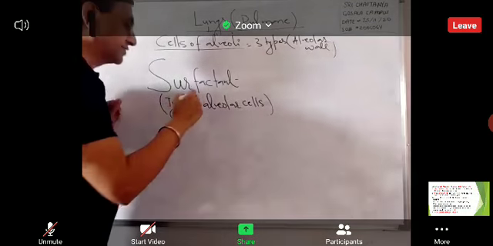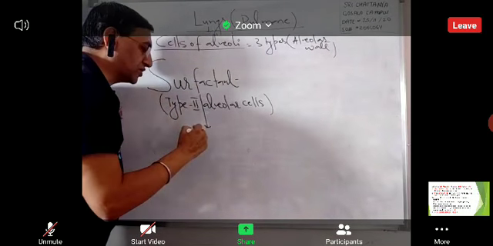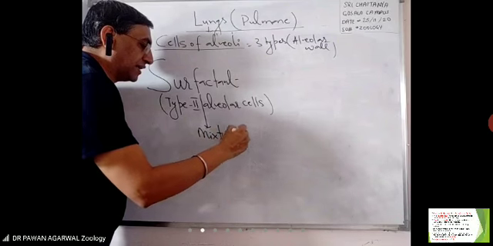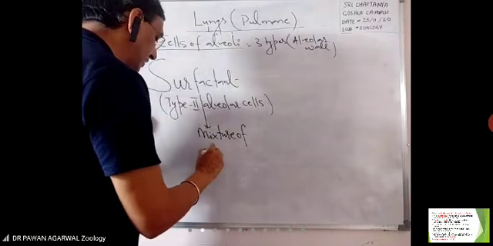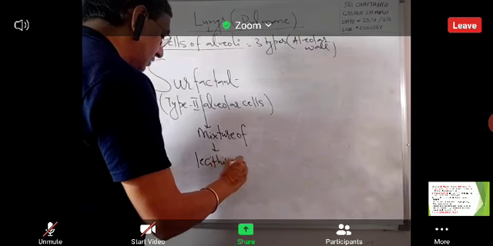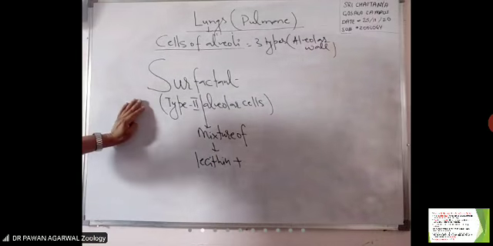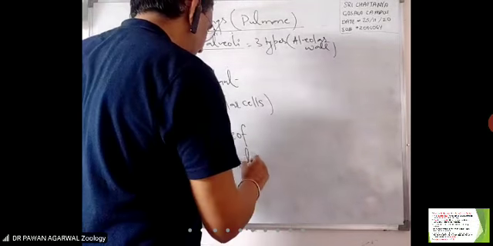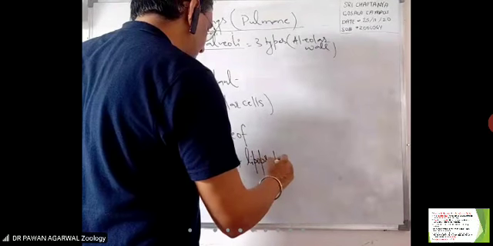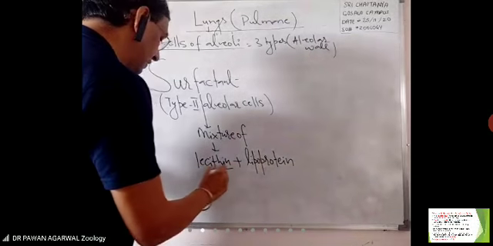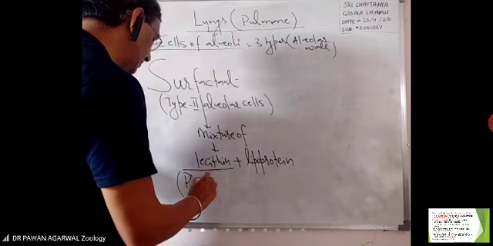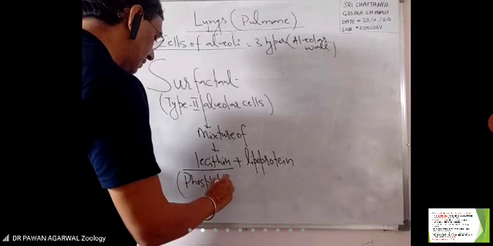Surfactant is a mixture of lecithin plus lipoprotein. Lecithin is a phospholipid.